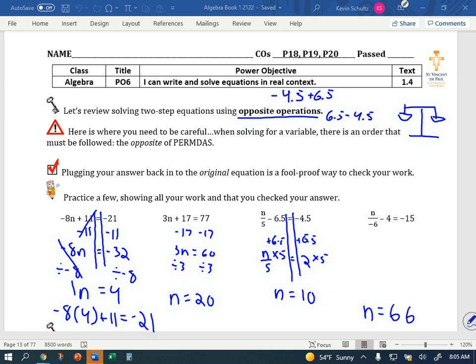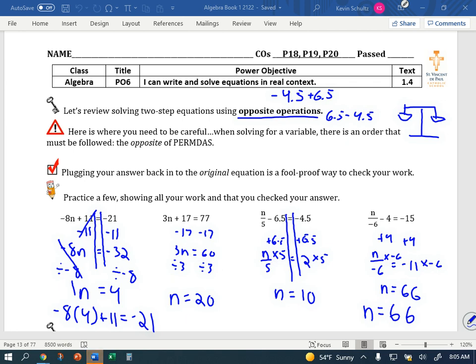Check that answer. 66 divided by negative 6 is a negative 11, and negative 11 minus 4 is negative 15. Mathematically, we would add 4 to both sides. Multiply, folks, multiply by negative 6. And that gives us n to equal positive 66. Okay?